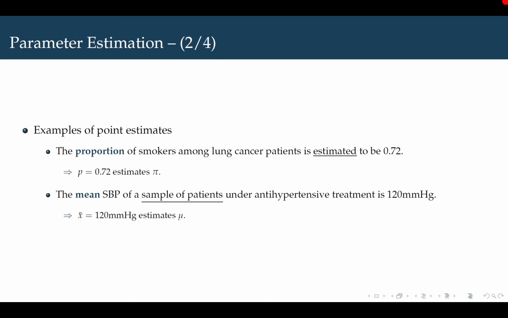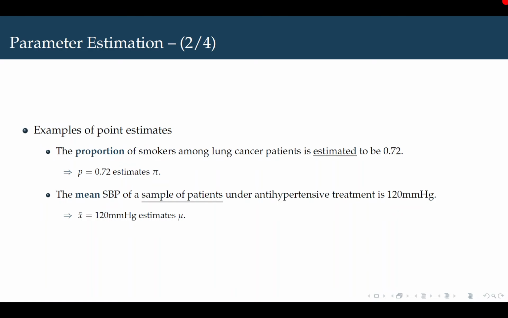Similarly, if we say the mean systolic blood pressure of a sample of patients under antihypertensive treatment is 120 millimeters of mercury, now in this case, it is the mean systolic blood pressure of a sample of patients. Therefore, a sample of patients indicates that it is a sample statistic. Therefore, 120 is the sample mean that is used to estimate the population mean systolic blood pressure of patients in general. So x bar, 120 millimeters of mercury, estimates mu.